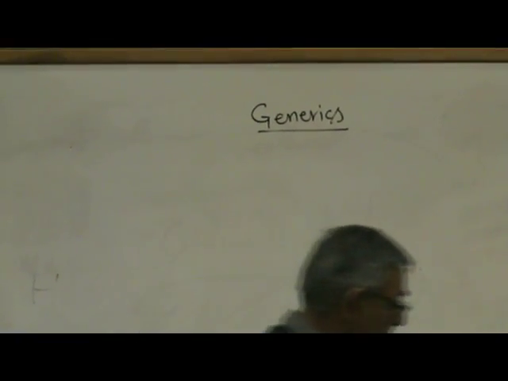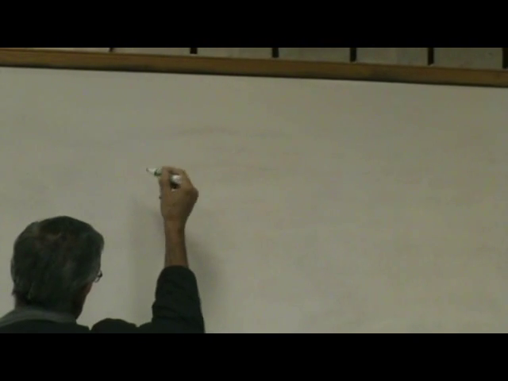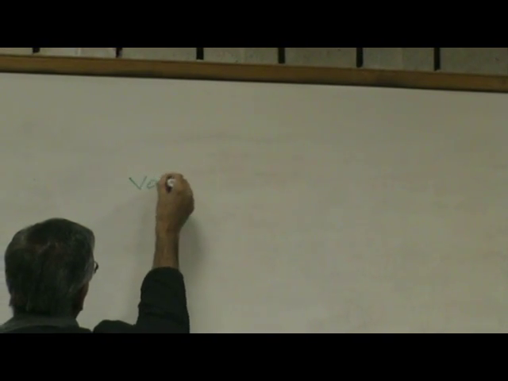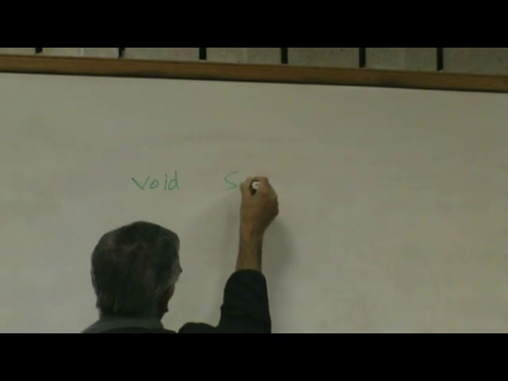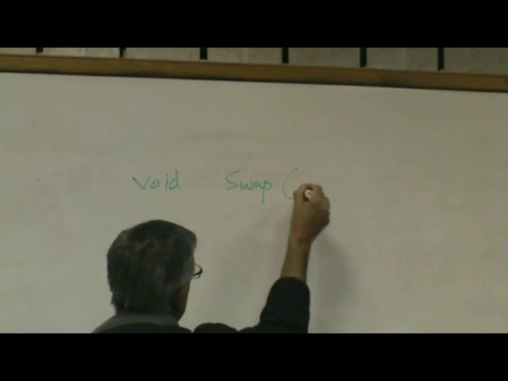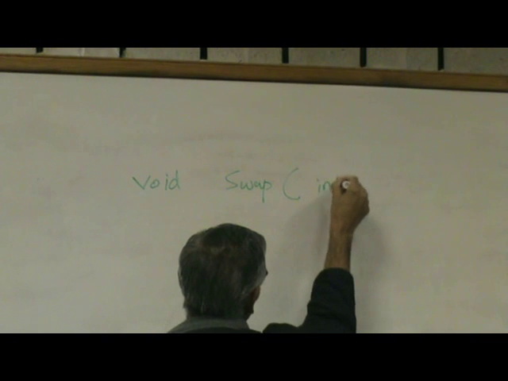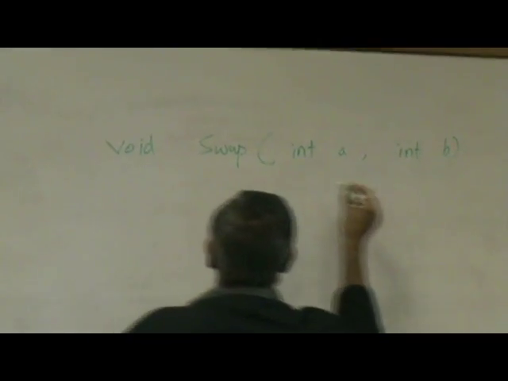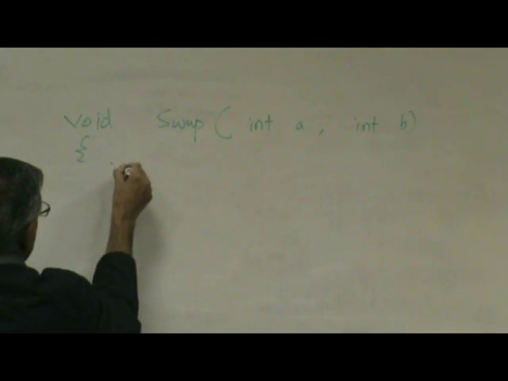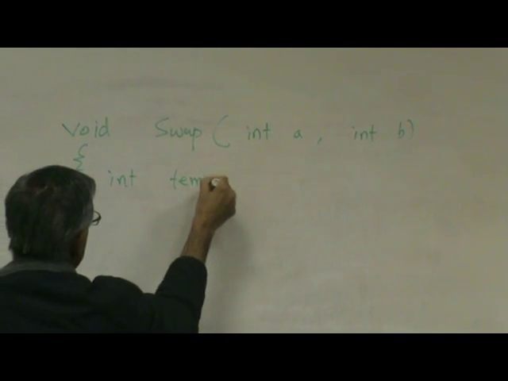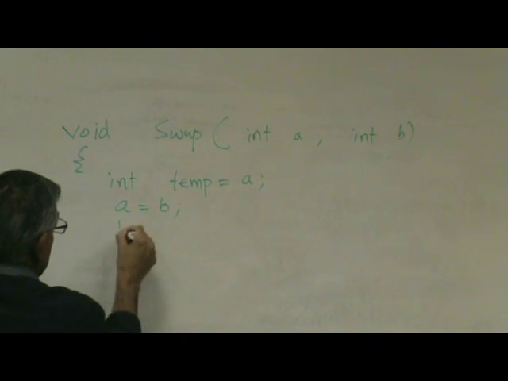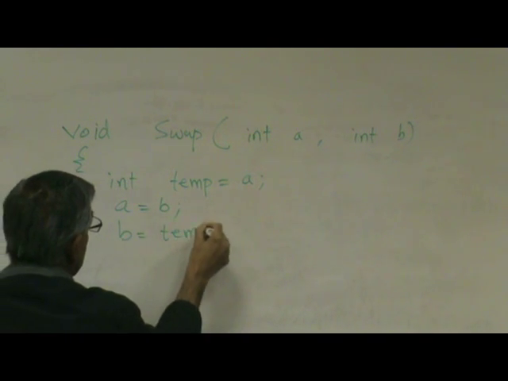So for example, let's say you wrote a function to swap two integers. Your code to swap two integers will look something like this: temp equal to A, A equal to B, B equal to temp.